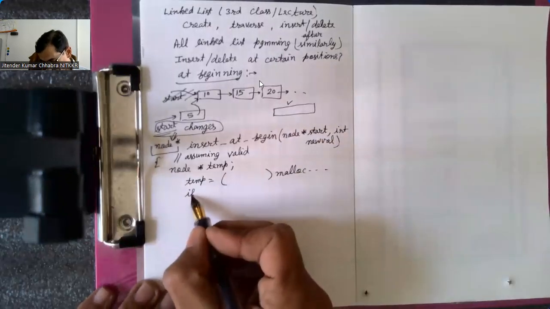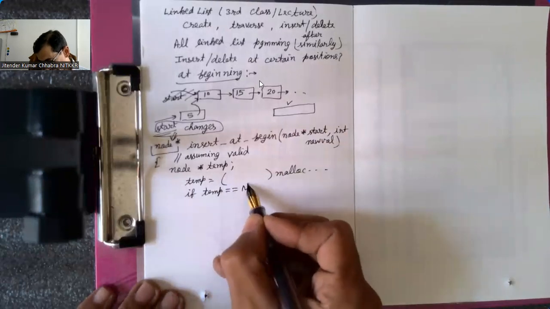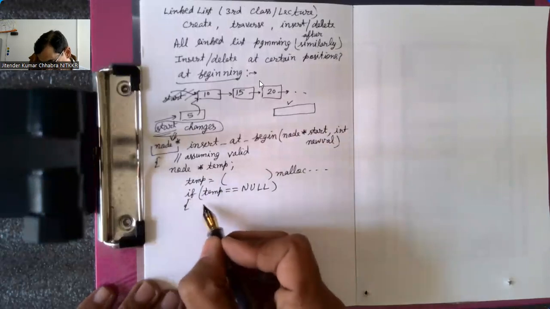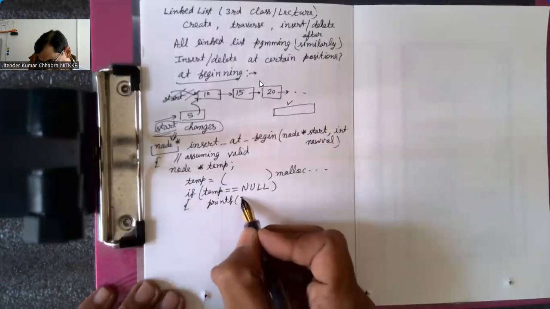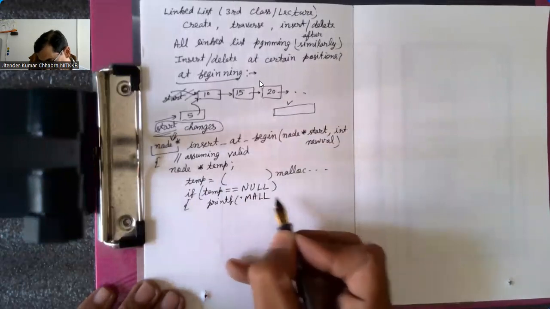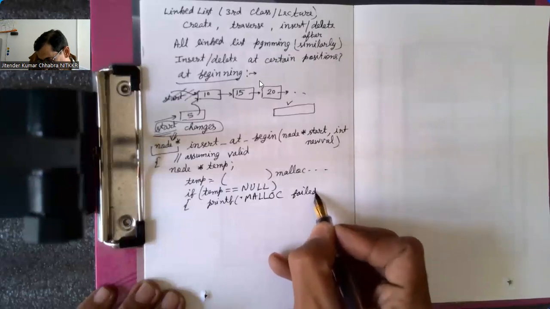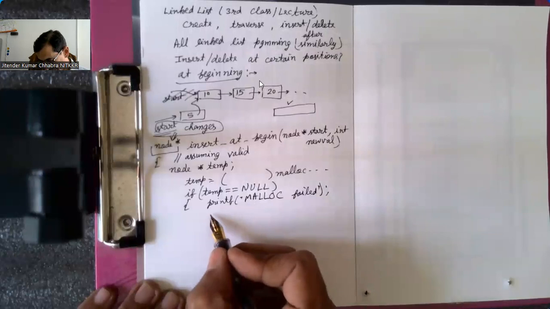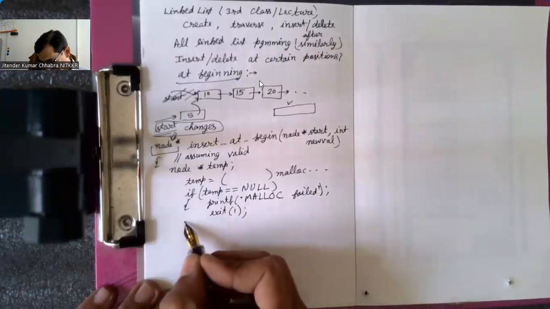Ideally, yes, we must check here if temp equal to null, that means malloc failed. And that will mean printf and exit, the way I just said. So ideally, after every malloc, I must check that. But for most of the coding, we will not be writing this code explicitly, assuming that malloc is always working correctly.